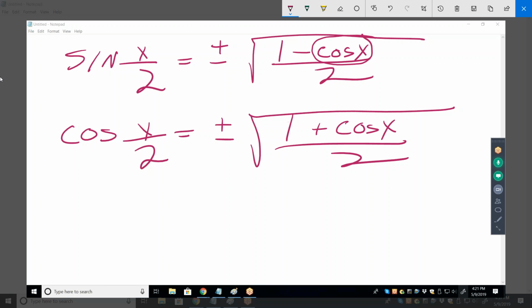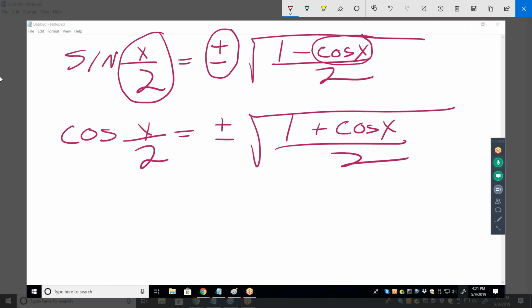Same thing with cosine of half angle. I only have to know what the cosine of x is. Now, there is something unusual about these, and that is you have to choose one of those plus or minuses. And it has to be based on what quadrant you know it's in. And the angle we're talking about is that angle there.